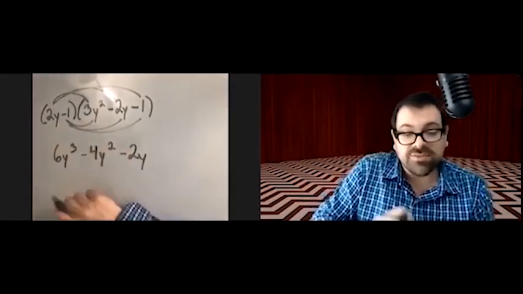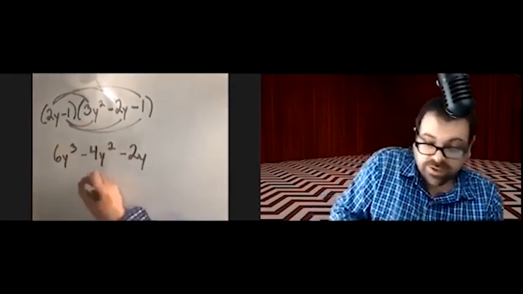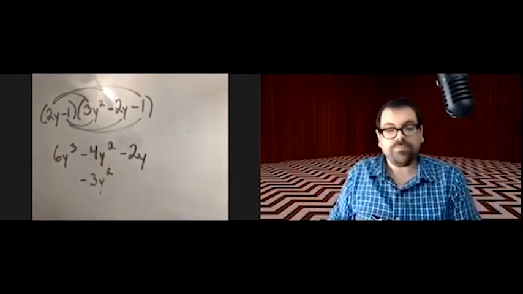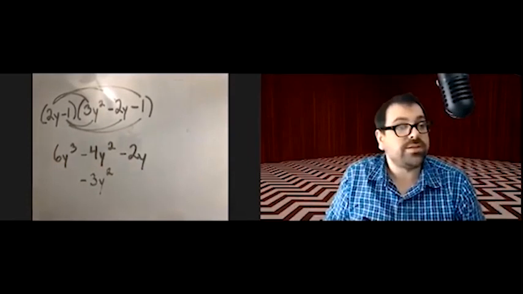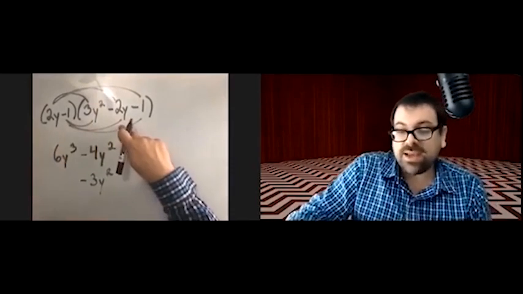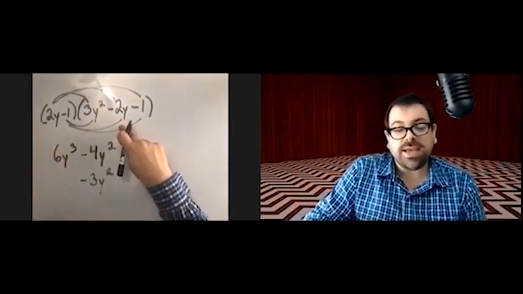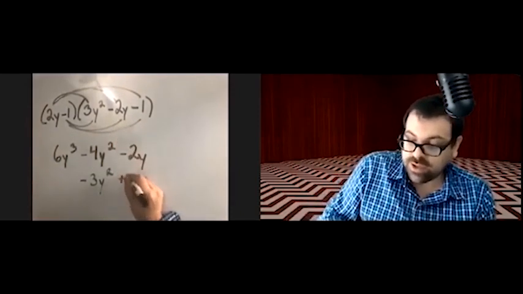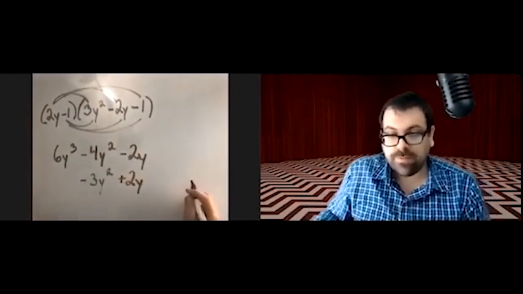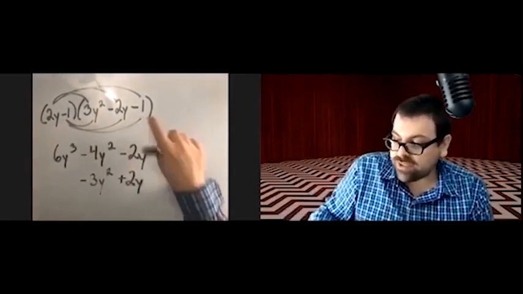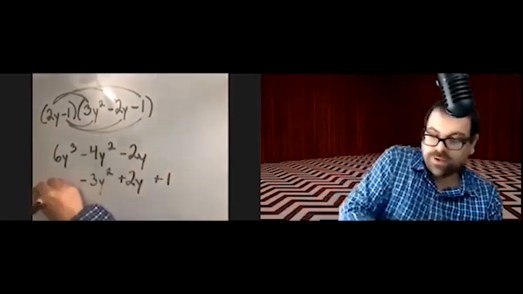Negative times positive is negative 3y squared. And I'm going to line that up with the y squareds. Negative 1 times negative 2y. Negative times negative is positive. So plus 2y. Negative 1 times negative 1 is positive 1.